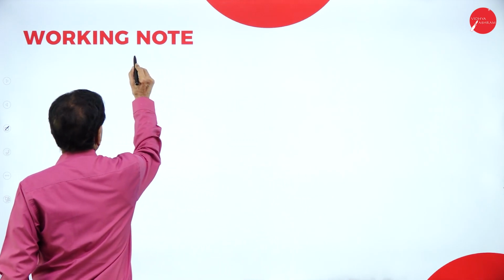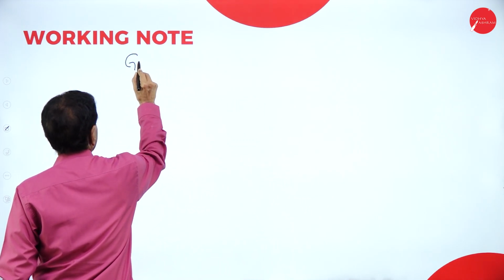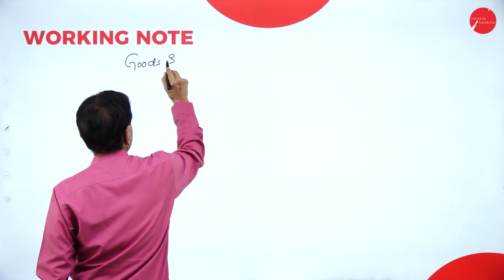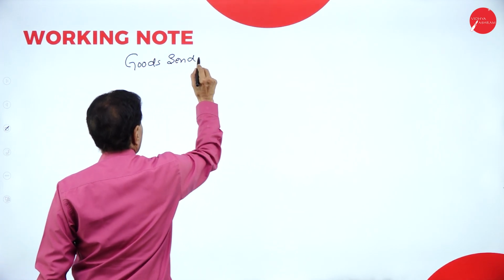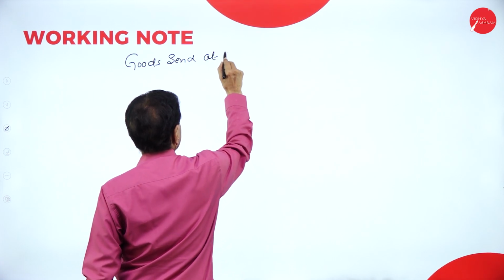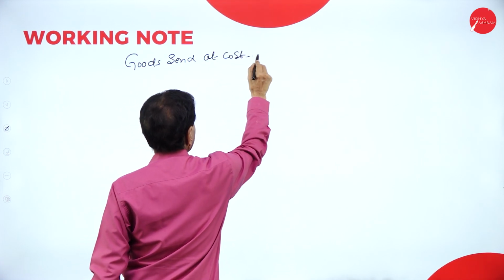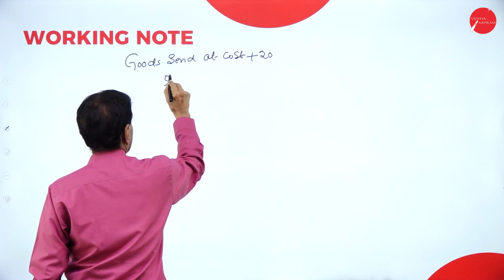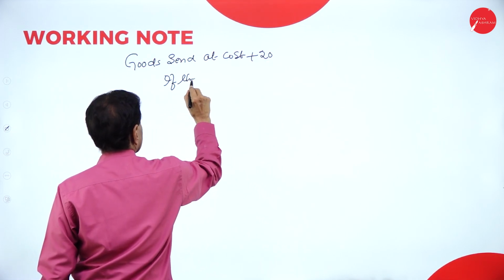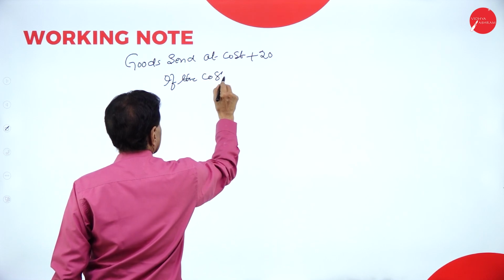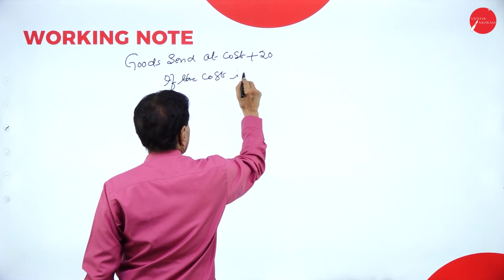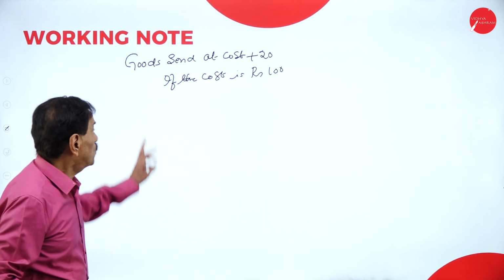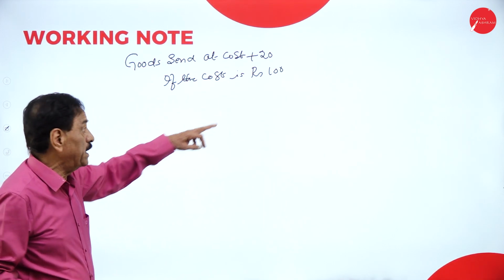Goods sent at cost plus 20%. If the cost is rupees 100, goods are sent at cost plus 20%.